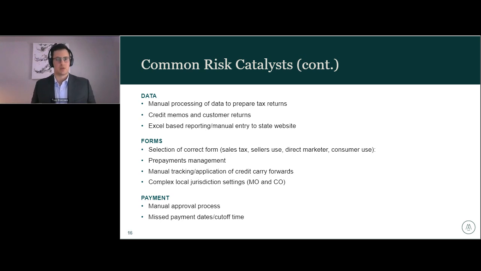Colorado has over 650 of these, and I believe Missouri has over 800. So you really have to make sure you're setting those up accurately and then filing accurately each month. You need to understand where your transactions are taking place, and anytime you have a transaction in a new jurisdiction in Colorado and Missouri, you want to make sure you're setting up those non-physical locations with the state.